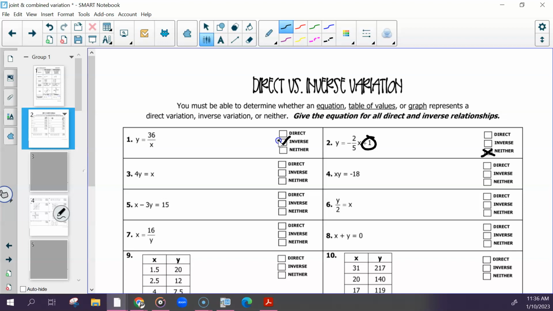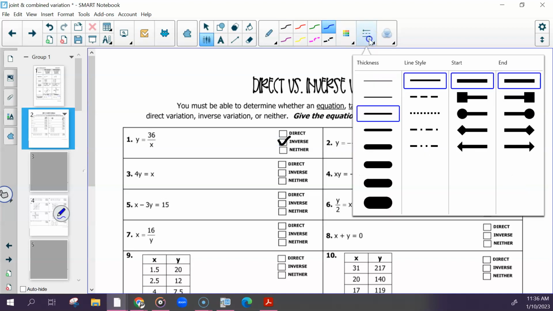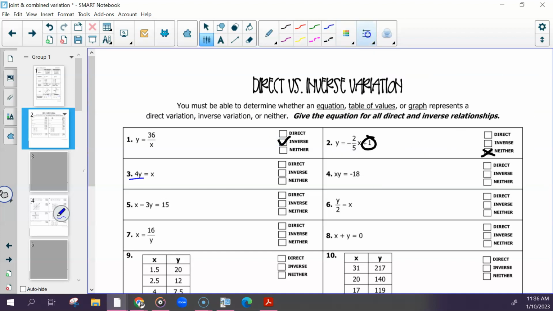Okay. Number 3, we would have to solve this, get y by itself. So divide both sides by 4. I'm going to leave it like this first and see if we can tell just from this, and then we'll rewrite it. Is this direct, inverse, or neither?